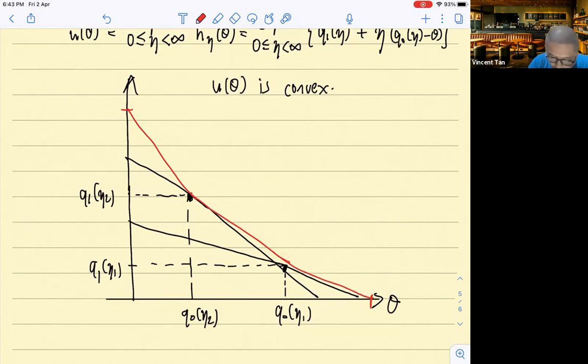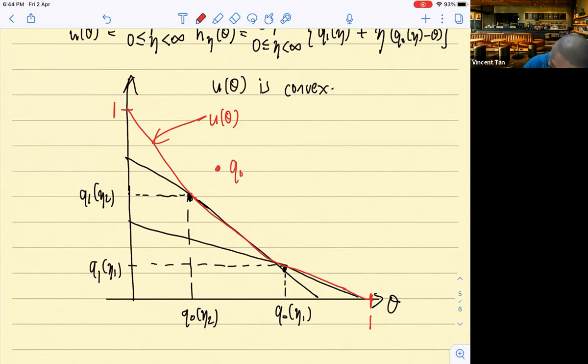So that is your u of theta, a supremum over all these different lines. This drawing is not very nice. And this is actually 1 and this is 1. So you can extrapolate the theorem just now.